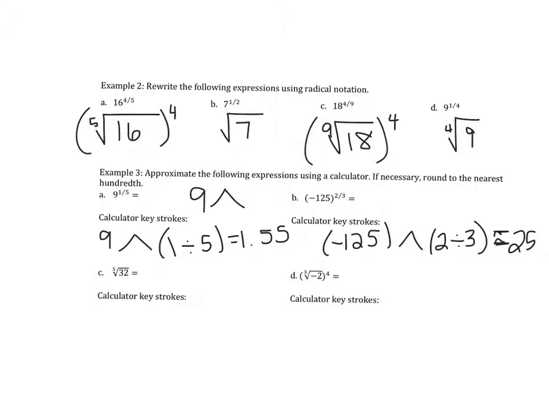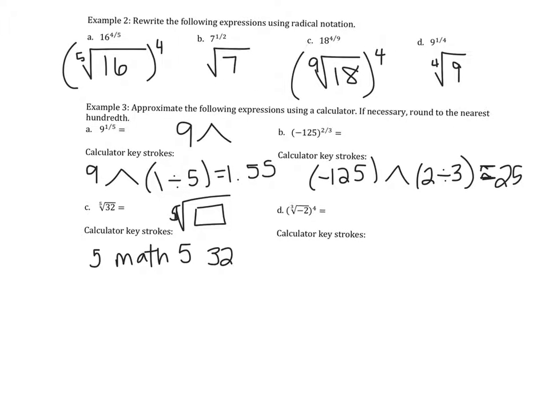On C, you're going to do 5, the index. And if you're on the yellow calculator, you're going to do math 5. Actually, that 5 is already there, sorry, I drew my box in the wrong place. It should create something that looks like this. And then you're just going to type in 32. Now, depending on what calculator you're using, that button 5 math 5 might not work.